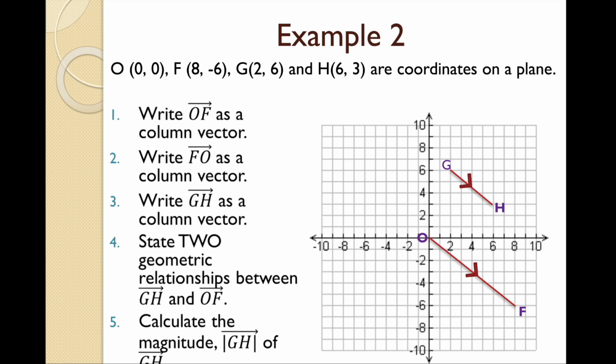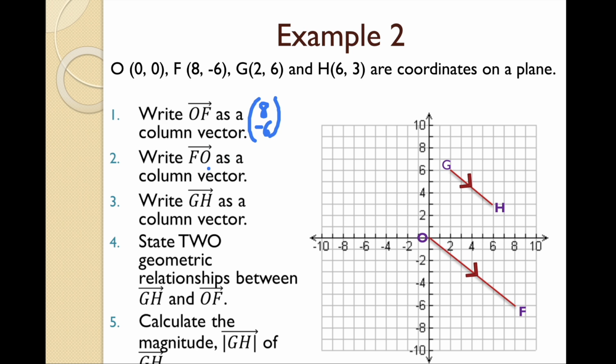So with this situation here, we have OF. Based on these coordinates, we could say OF is 8, -6. Everyone got that? So we go 8 to the right and then 6 down. That's how we got this one here.